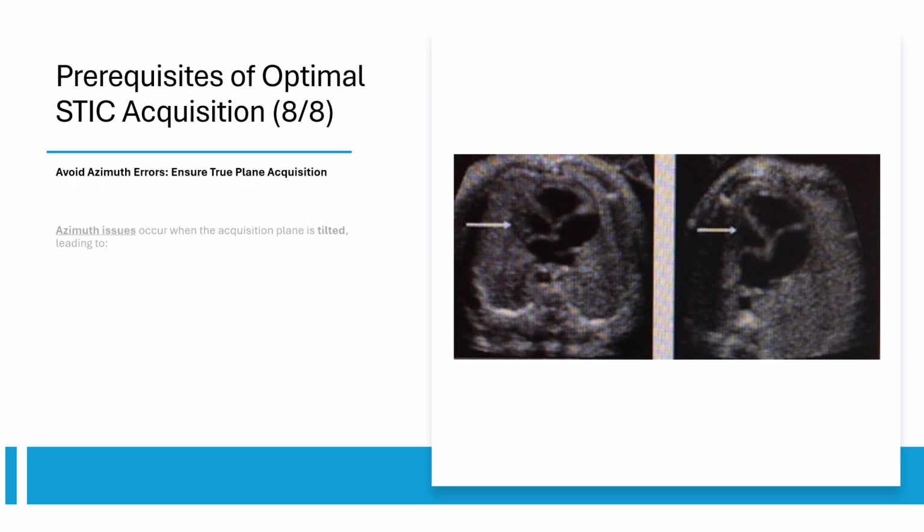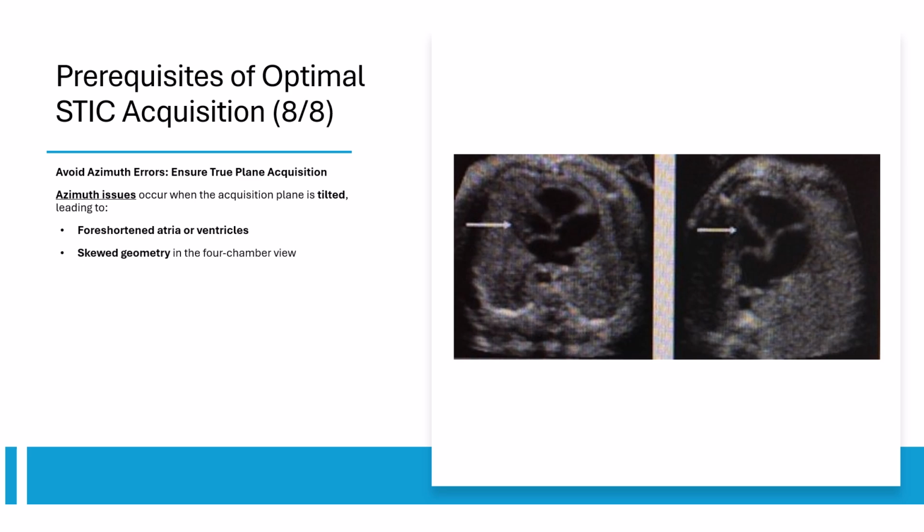Azimuth errors occur when the acquisition plane is tilted, resulting in foreshortened atria or ventricles and distorted geometry in the four-chamber view. A visual clue to azimuth misalignment is if the heart appears asymmetrical or if the chambers look unusually short.